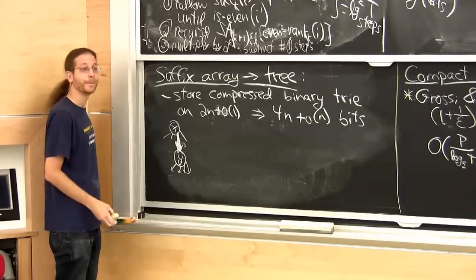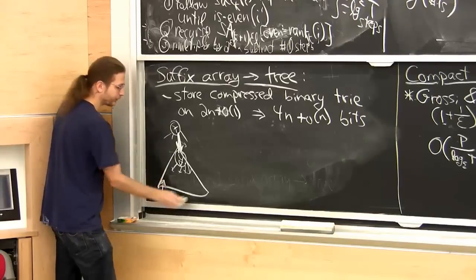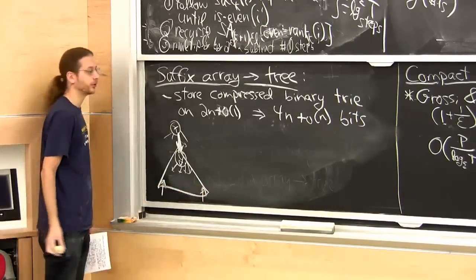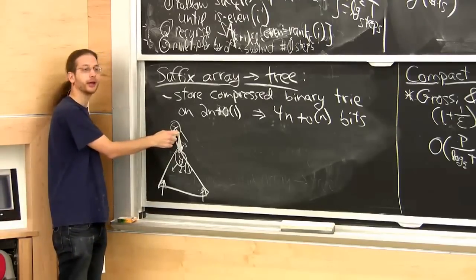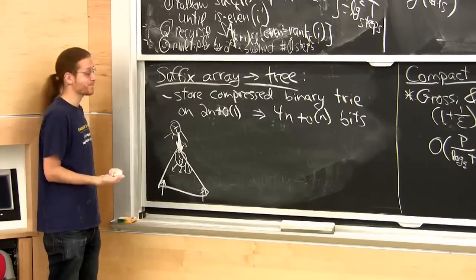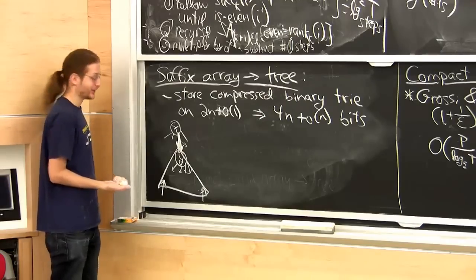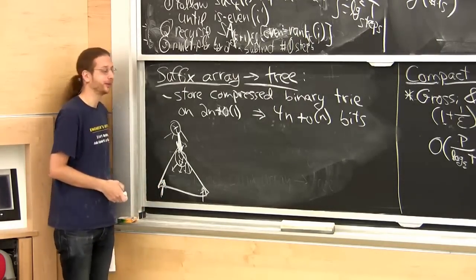Not too hard. What you do, you look at this subtree, you look at the leftmost leaf and the rightmost leaf. You look at their longest common prefix, starting from the character you care about, and you look at the longest common prefix with the pattern P. All sounds easy. How do you actually do it? So you need to be able to find the leftmost leaf in a subtree.